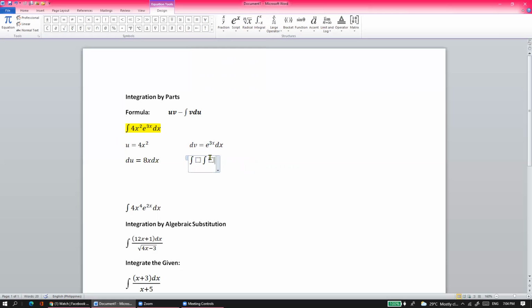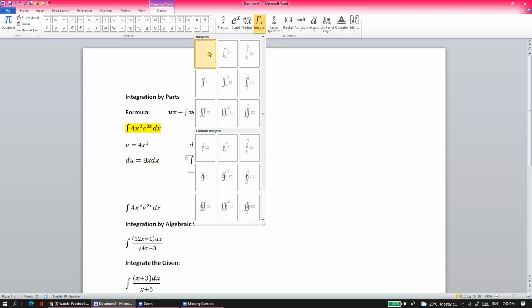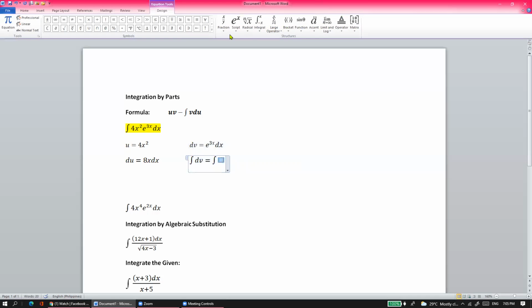Sa left side, we have the integral of dv. And this is also equal to the integral of e to the 3x dx. So maglalagay muna ako ng integral symbol. And then here we have e to the 3x dx.